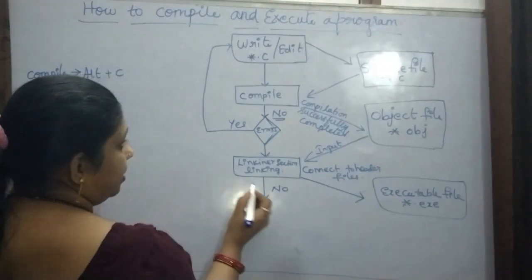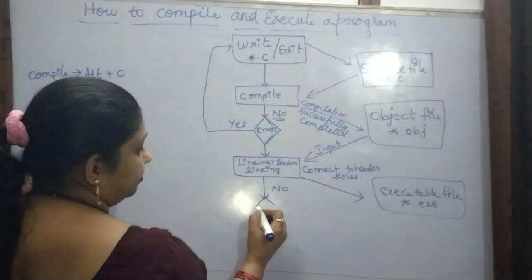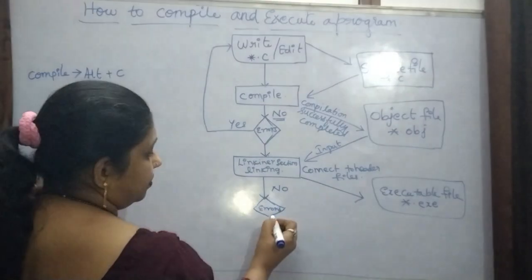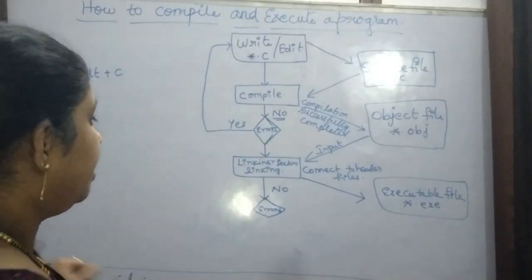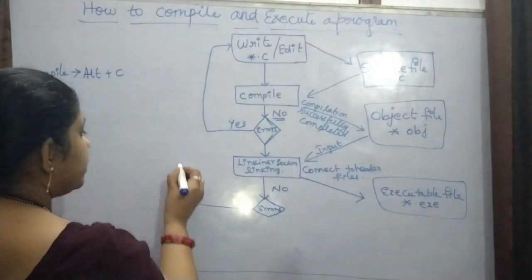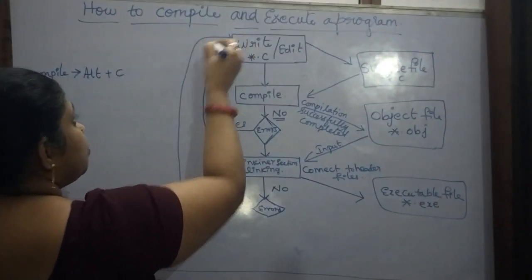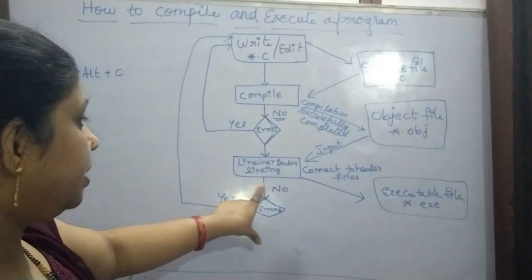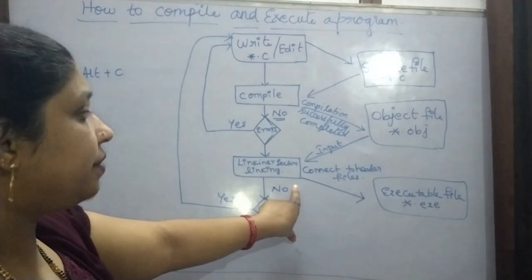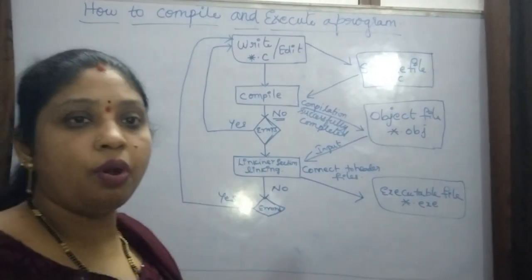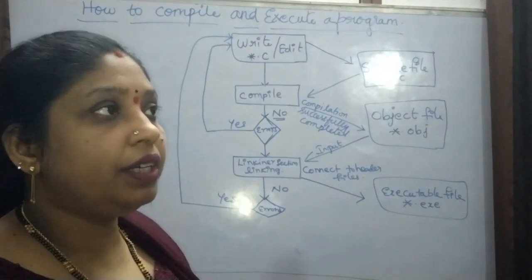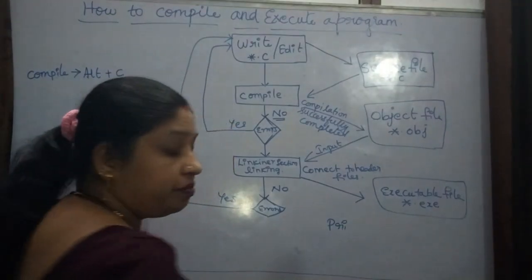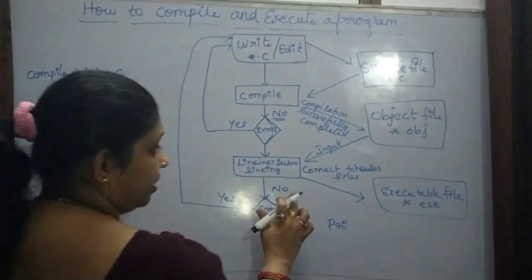Suppose there are errors. What happens? Again it has to go back and join the source file. After connecting to the header files, if any functions have been written wrong or any keyword has gone wrong, for example printf, you will get errors in the linker section.